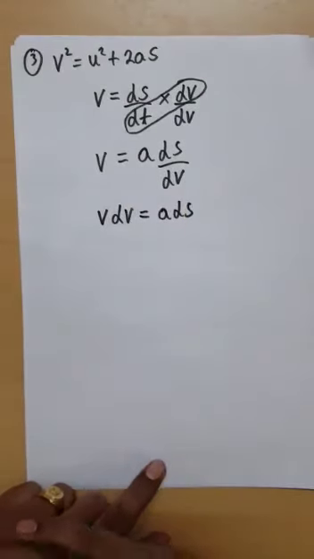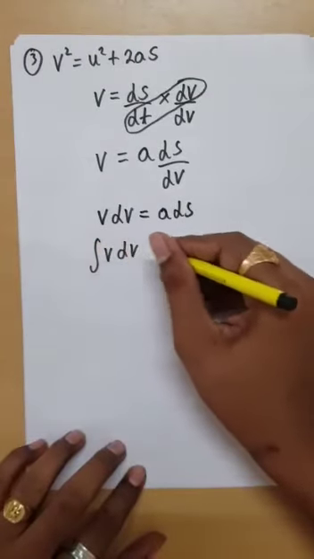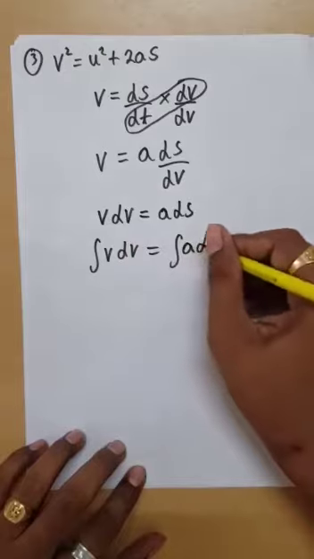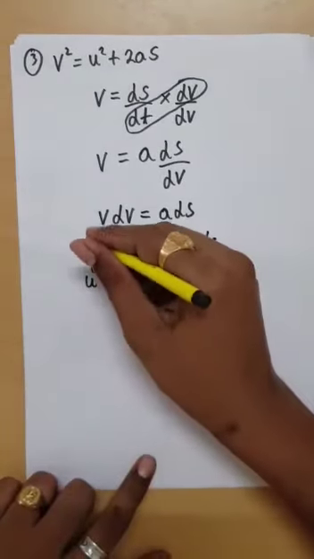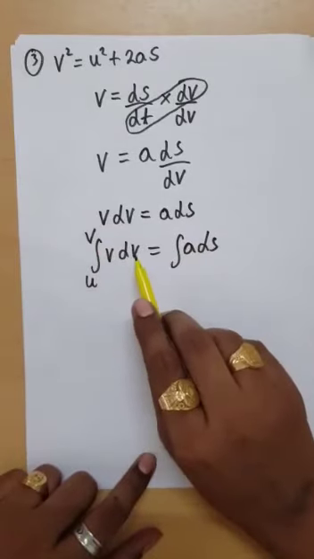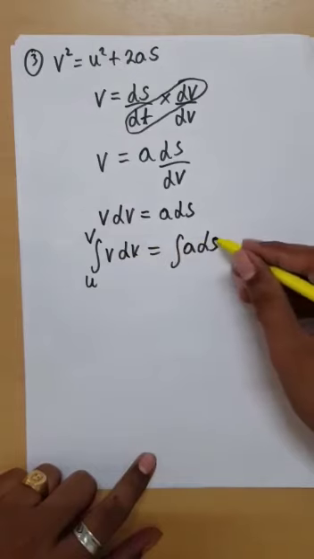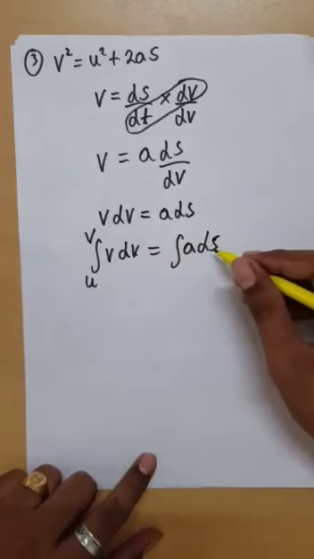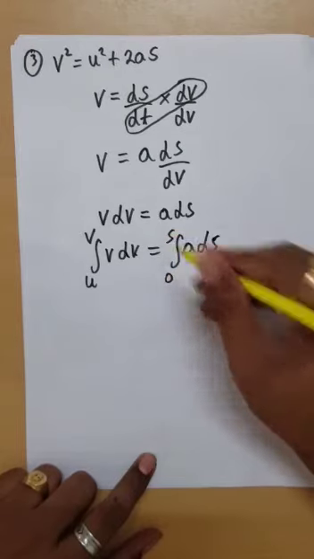Now again we'll take integration on both sides, so it would become integration of v dv is equal to integration of a ds. But we'll have to take limits also. Here we'll take the limit u to v, because here we are supposed to integrate with respect to v, and since here we are supposed to integrate with respect to s, our limit should be related to displacement, that is 0 to s.